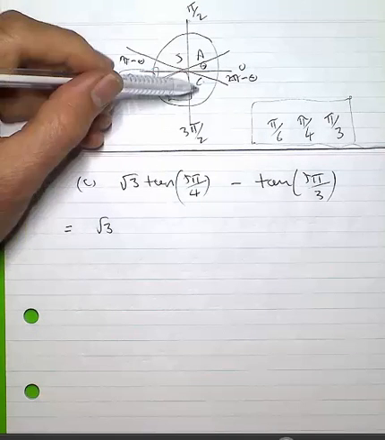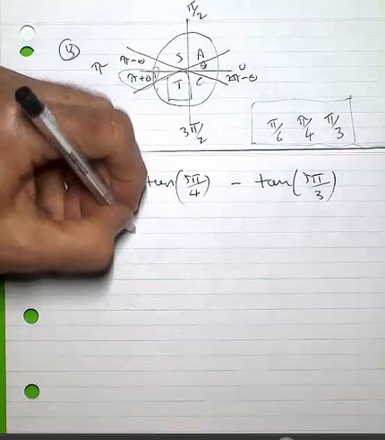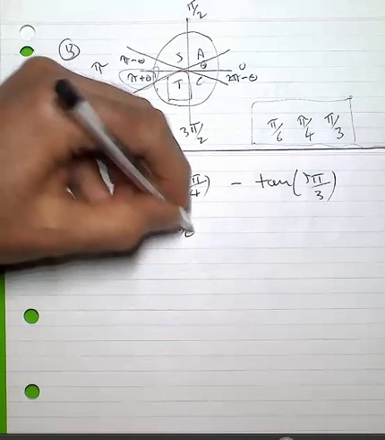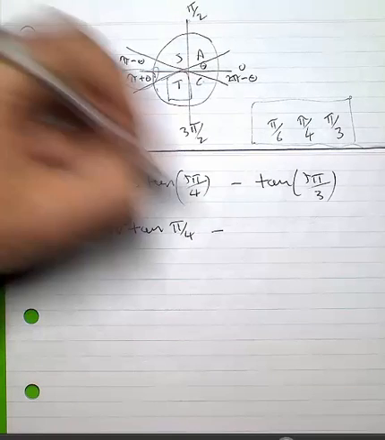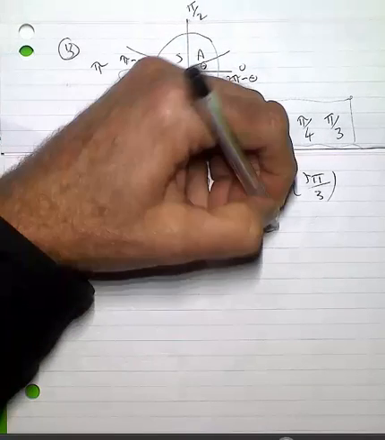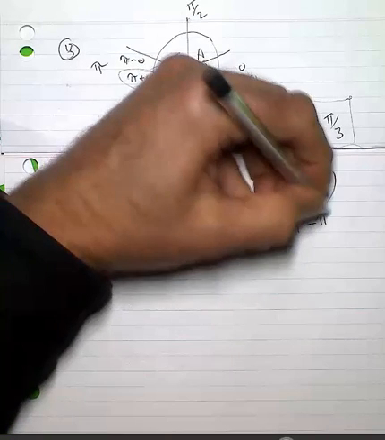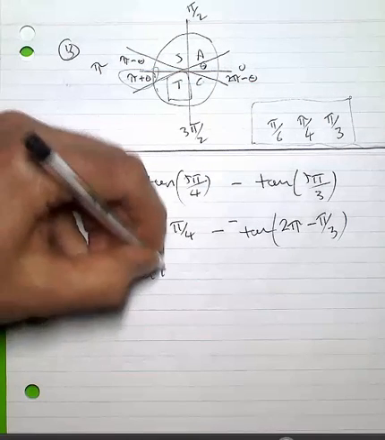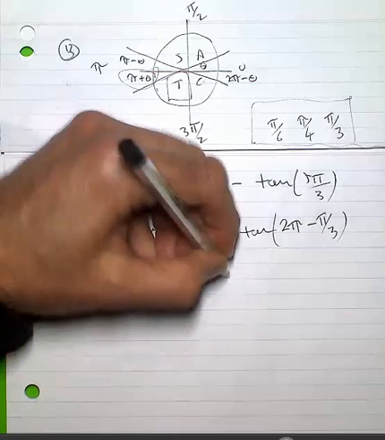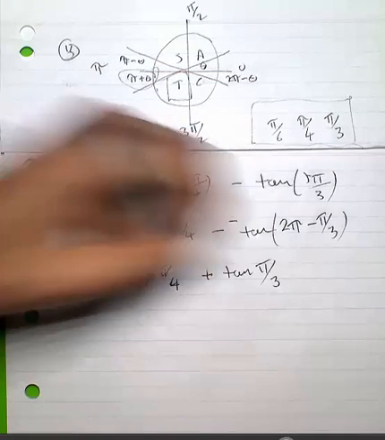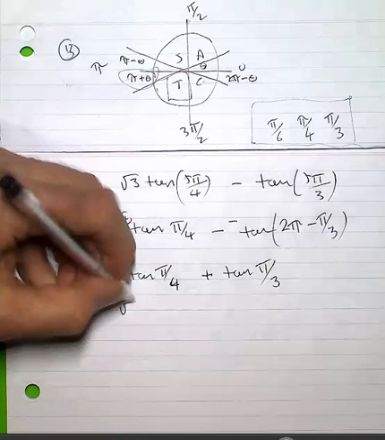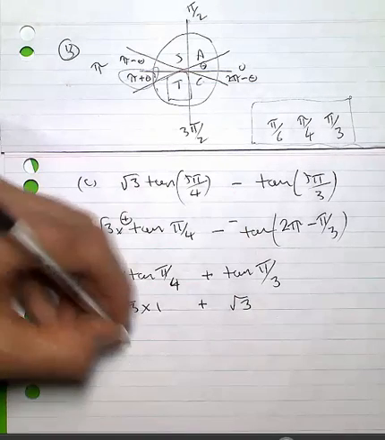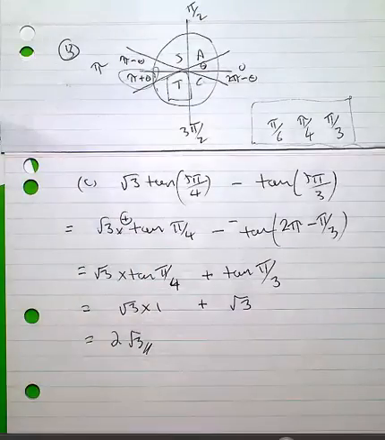The first is in the third quadrant, so tan is positive, times the tan of pi on 4, minus, and this one here will be negative tan of 2 pi minus pi on 3, which is root 3 times tan pi on 4 plus the tan pi on 3. So in that case, that's root 3 plus 1 plus root 3, or 2 root 3 as my answer.